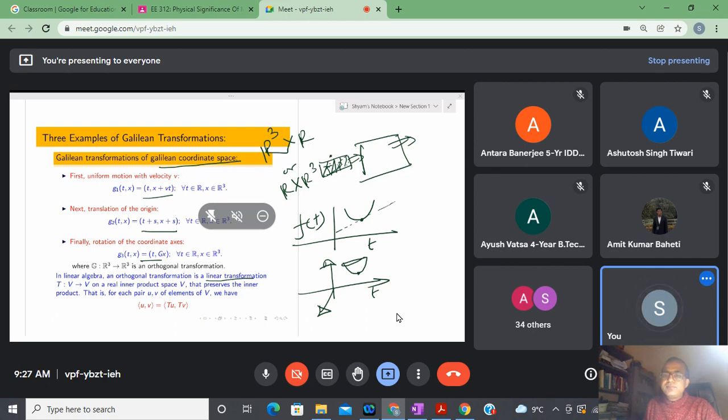Or Amit, or Asutosh, anyone? Could you guess the interpretation of the derivative in higher dimensional space? Kartike? Okay, Antara? I'm not sure in 3D space.